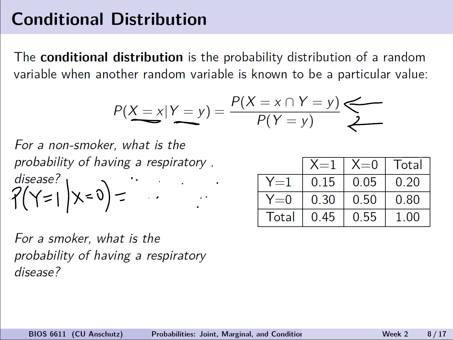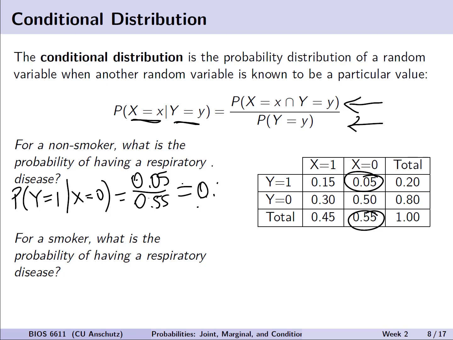And what we see here then is that if we actually put those values in, we will have our 0.05 for that x is equal to 0 and y is equal to 1 over here, divided by the probability of being a non-smoker at the 55% or 0.55.